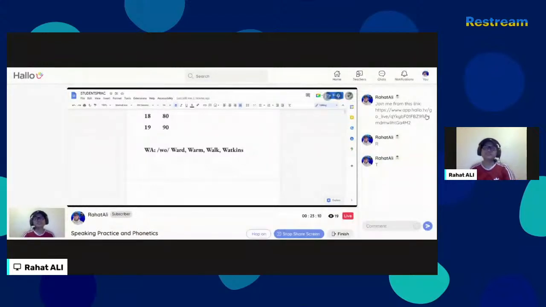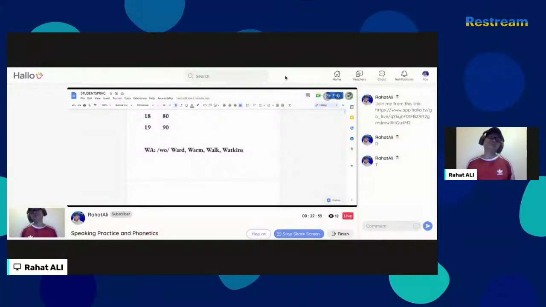One more time practice. WA sounds like O. So ward, worm, Watkinson. Remember, Watkins is a family name.